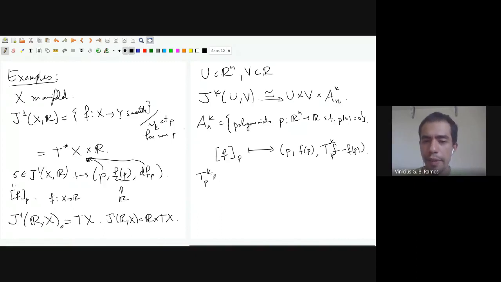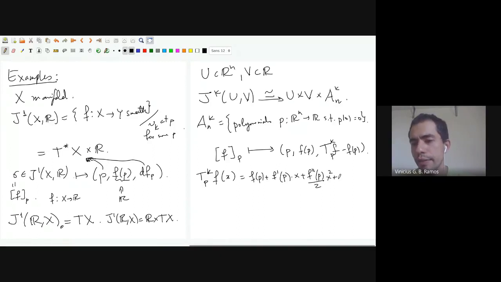I think you all remember it, but let me just state what it is. So what's the Taylor polynomial? So this is f of P plus f prime of P times x plus f double prime of P over 2 times x squared. No, sorry. It's in higher dimensions. I should write it like this. So it's the derivative of f at P applied to x minus P.